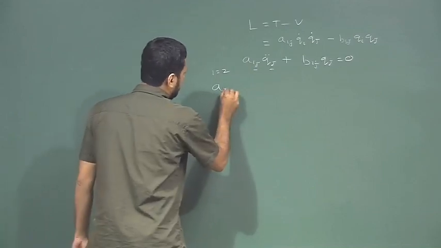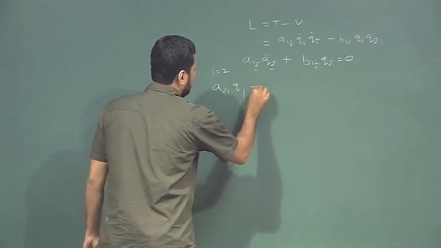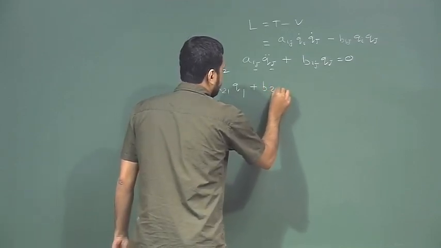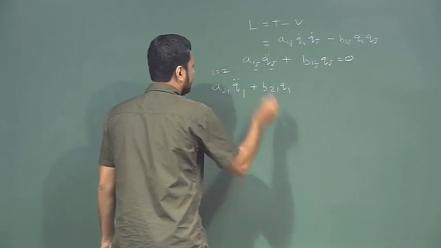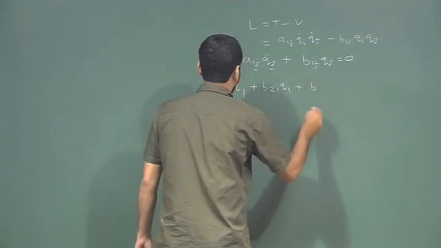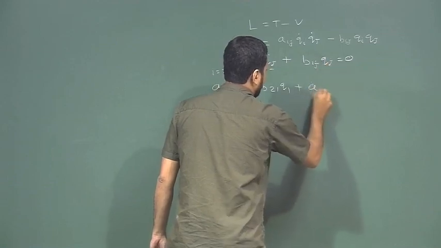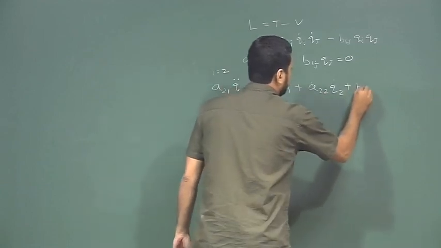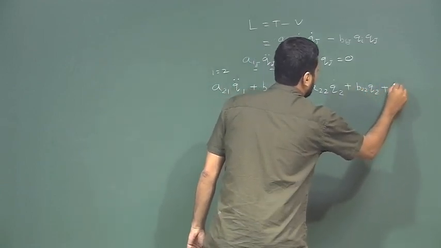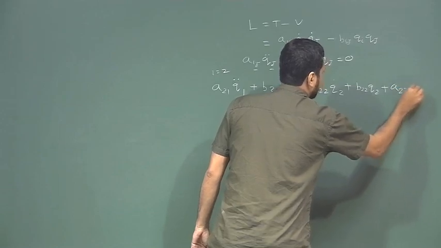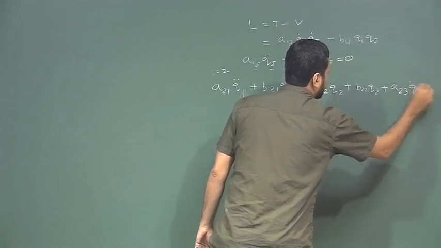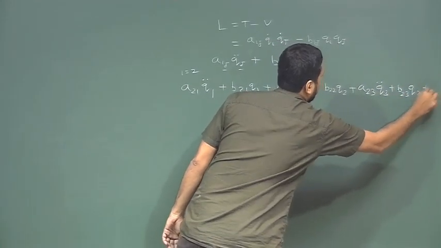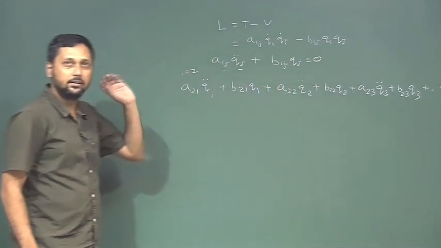It will be a_21 q̈_1 plus b_21 q_1, plus a_22 q̈_2 plus b_22 q_2, plus a_23 q̈_3 plus b_23 q_3, and it will go on like this, with as many indices as you can think of.